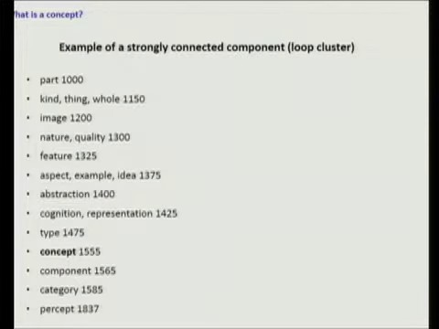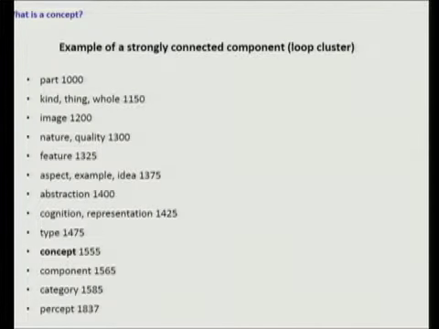So well, this is more or less the suggestion, and this is one nice example of how it really looks like. So here I wrote down the words that belong to the strongly connected component around the word concept. Unfortunately I didn't plot the loops here, but there is an older part of this cluster that appears around the millennium: part, kind, things, image, nature, quality.